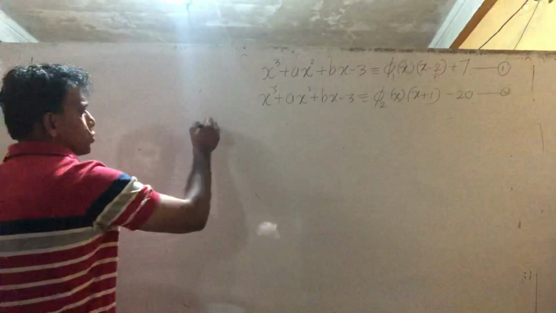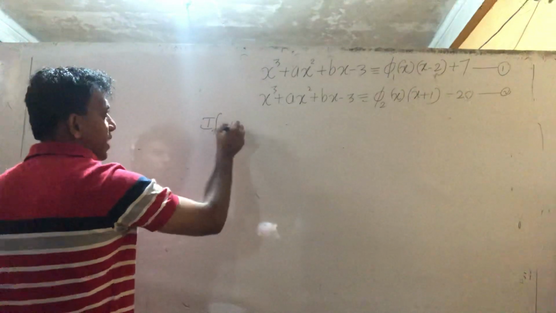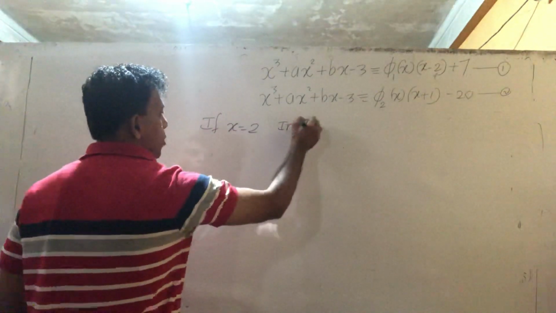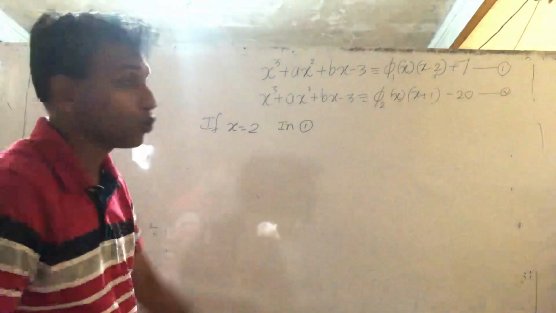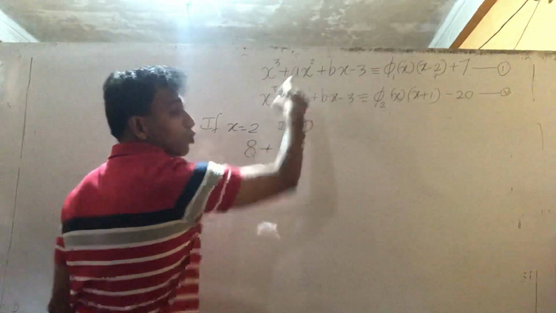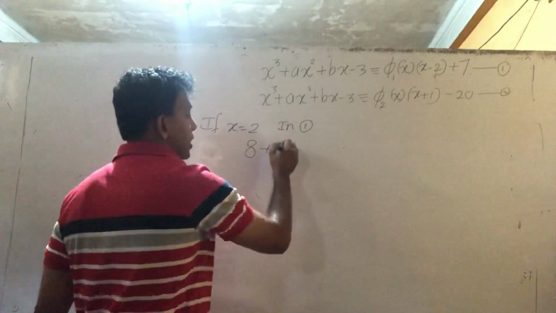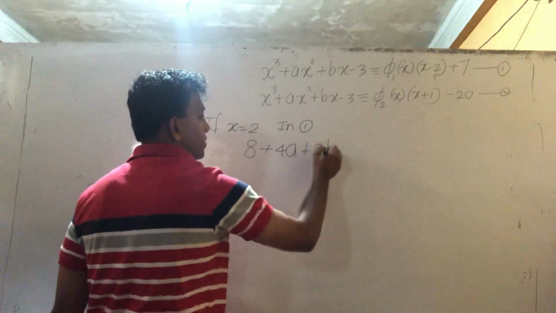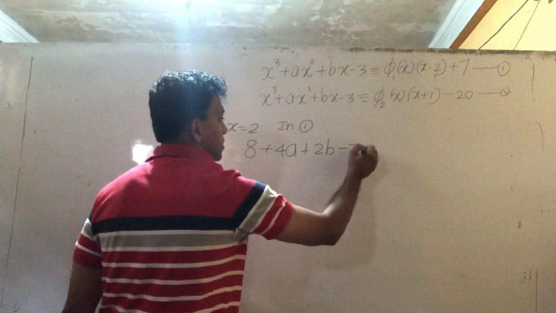So if x is 2 in equation number 1, what happened? Put x as 2: 8, then x square 4, so 4a, then 2b minus 3.